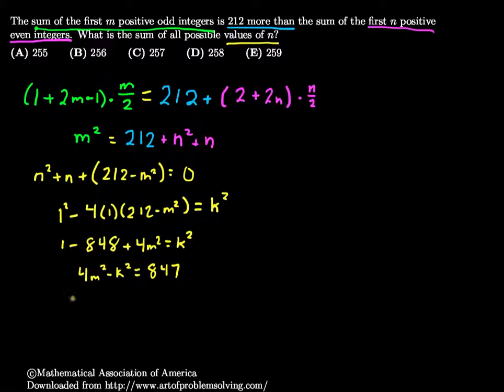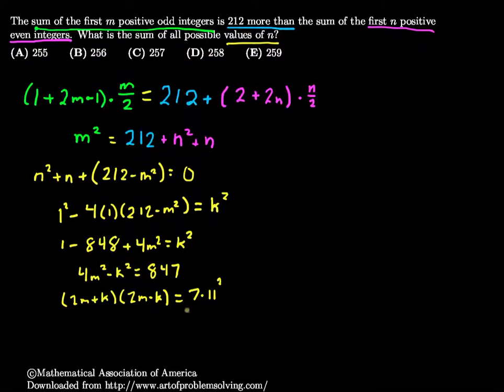It's a difference of squares, so this is 2m plus k times 2m minus k. And that will be equal to 847, but 847 factors as 7 multiplied by 11 squared.